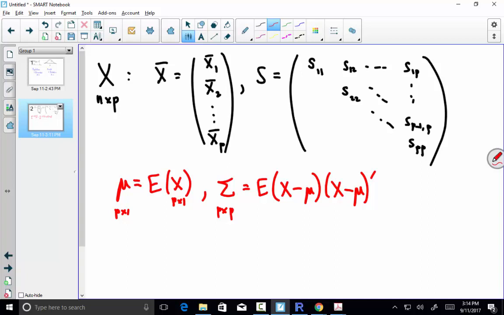So the way that we're going to estimate, just to be consistent, the way that we're going to estimate a mean and a covariance is sensible. We're going to take x bar, the p vector sample mean vector, and in place of an expected value, we're going to do a sample average. So I'm going to say 1 divided by n times the sum of the observed p vectors.